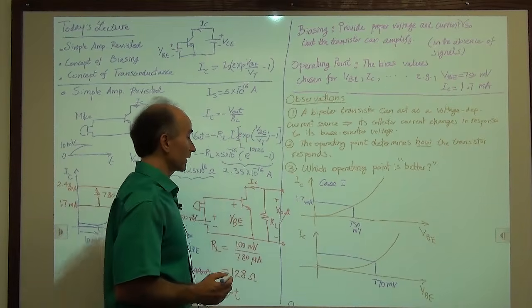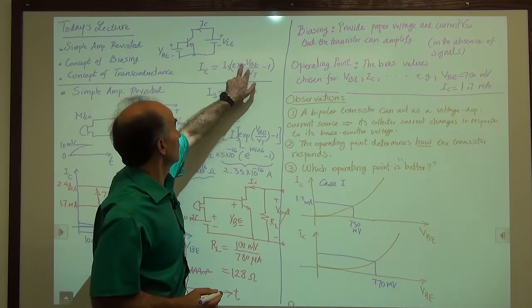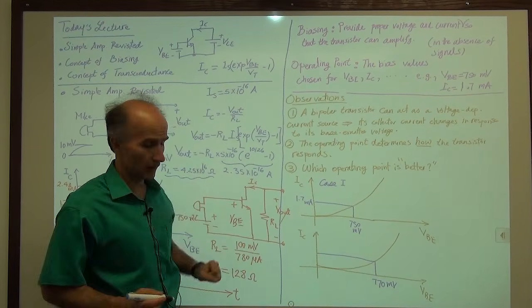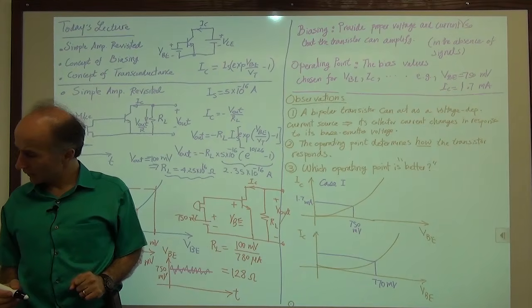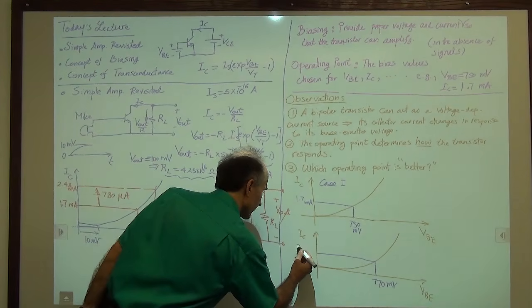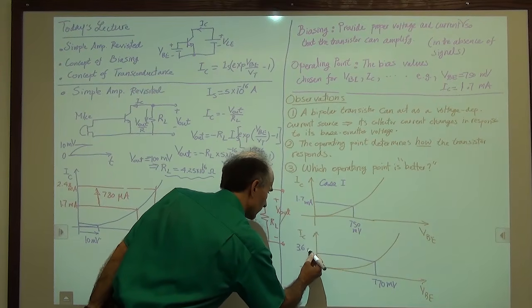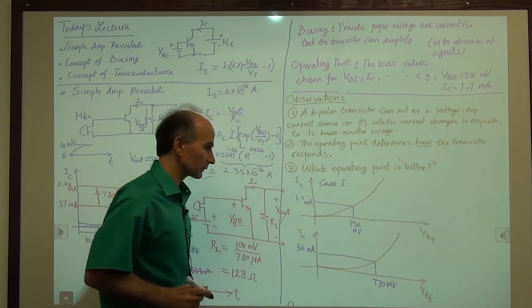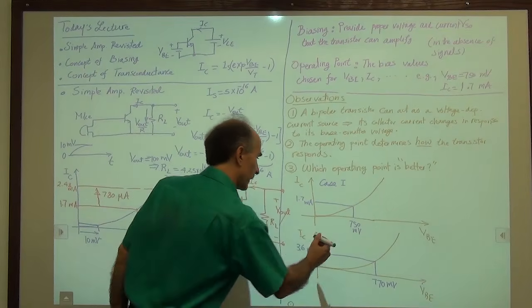And how much is the collector current? Well, we have 770 millivolts, we have IS, we can find IC, and that IC is equal to 3.6 milliamps. We will call this case number 2.